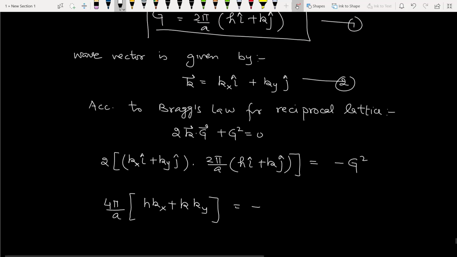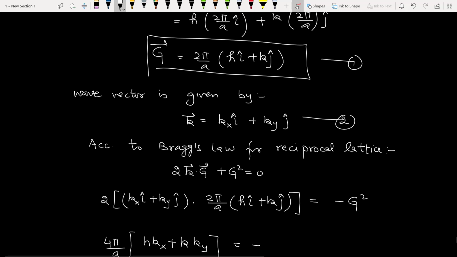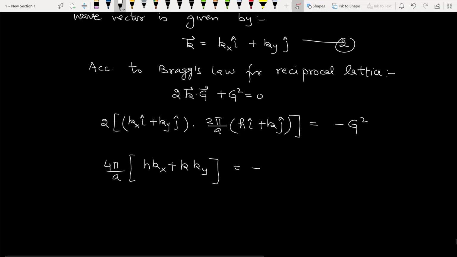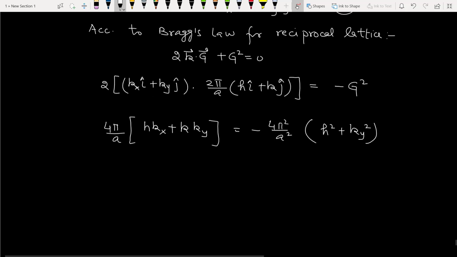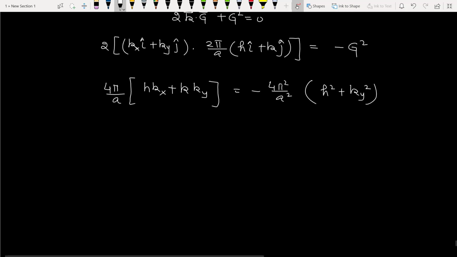G is this. So when we take G square, it will be 4 pi square by a square times the x coefficient square plus the y coefficient square. When we solve this, it will be h kx plus k ky equal to minus pi by a (h square plus k square).